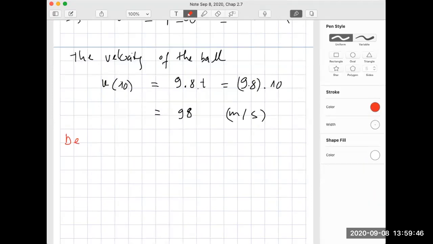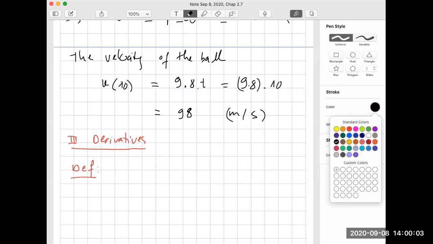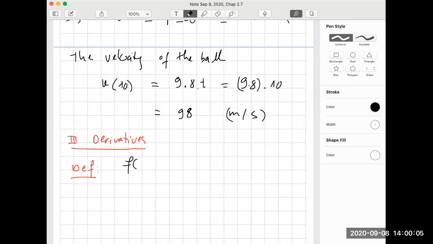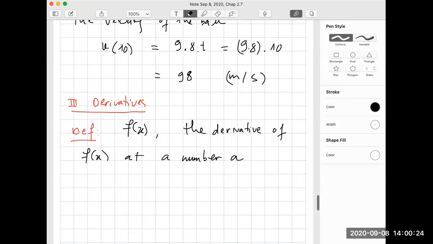So now let us take a look at the new concept, derivative. In general, for any function f of x, the derivative of this function at a number a is given by this.